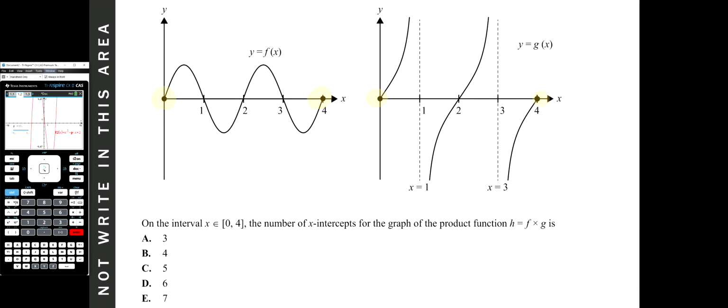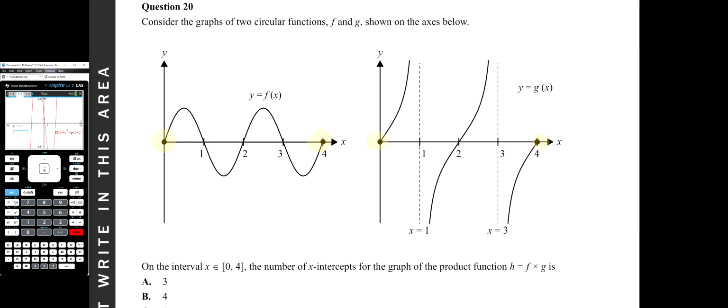So over the interval 0 to 4, the number of x-intercepts for the graph of the product function h equals f times g. Right, so we're going to basically find the product of these two. So again, we can use our calculator for this, but we need to know what the actual functions are. So the first one looks like it's a sine graph, f(x) equals sine of something x.